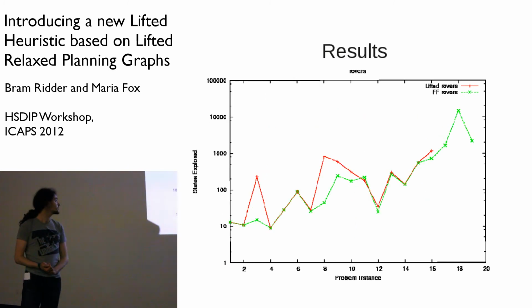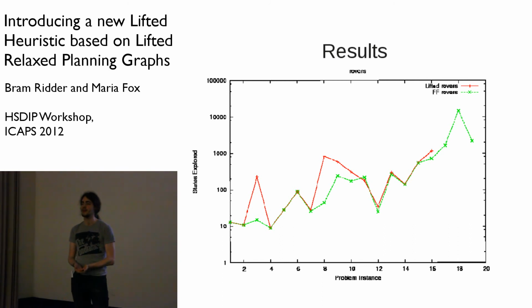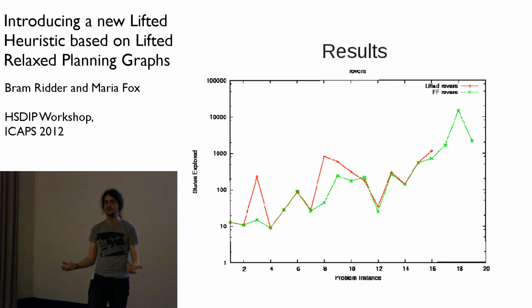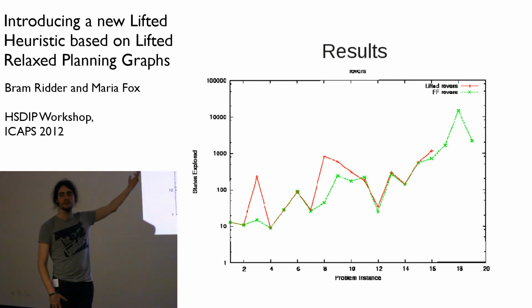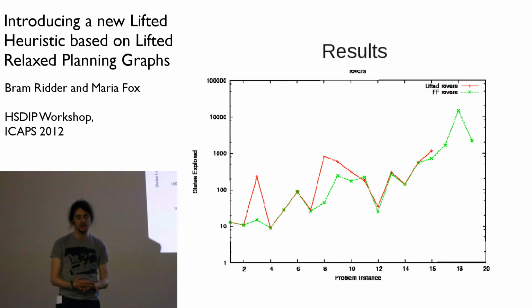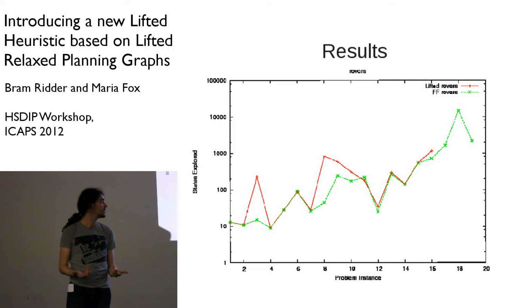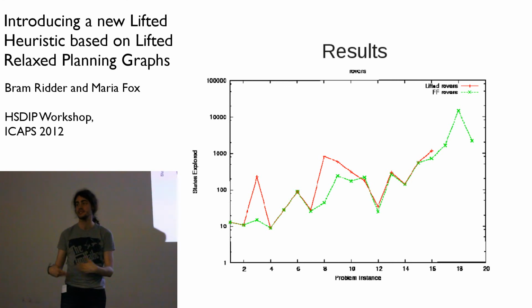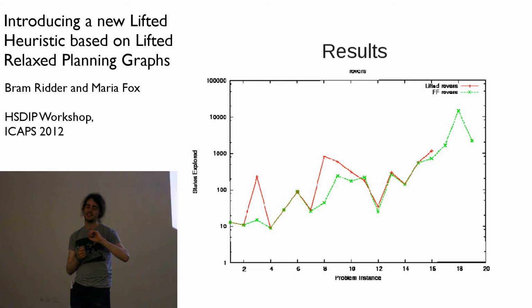The case for Rovers is that there's little benefit we get from lifting, because the constraints in the Rovers domain make sure we can't make many rovers equivalent. So in many cases we are very, very close to the FF heuristic, as you would expect. The only reason we don't solve the bigger problems is because of the time cutoff, and because we use more time to compute the heuristic.